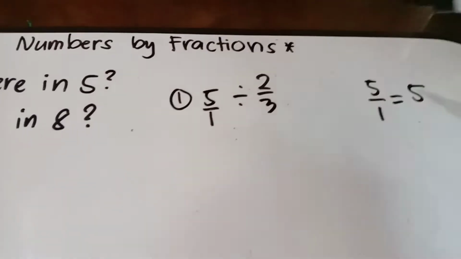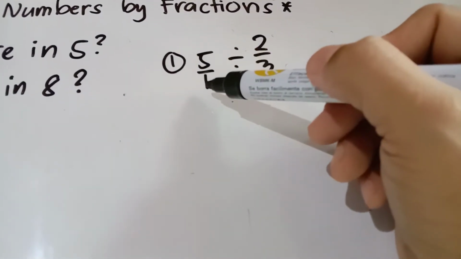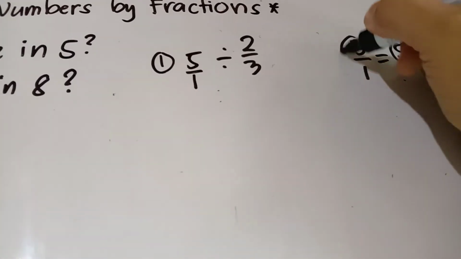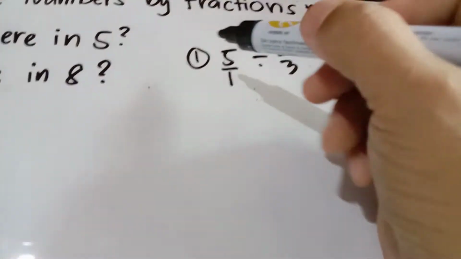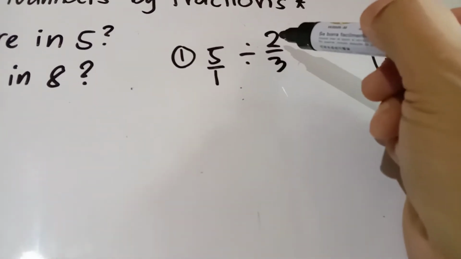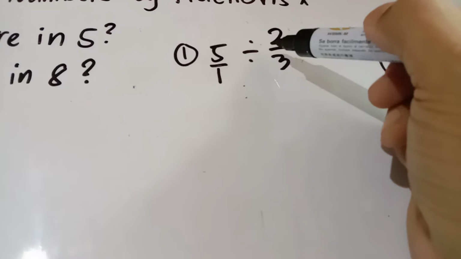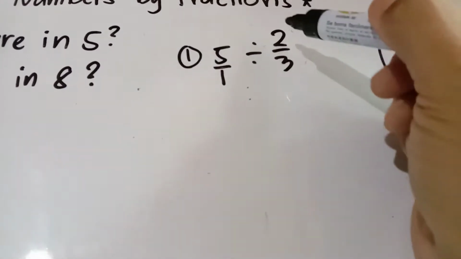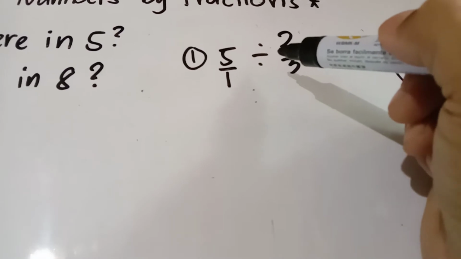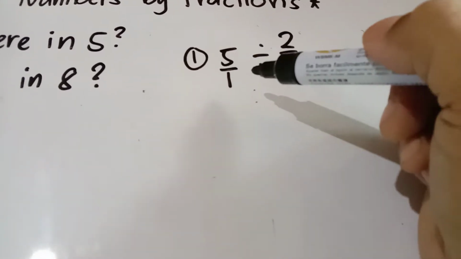So 5 over 1 is the same as 5. So we have now 5 over 1 divided by 2/3. Since the two numbers are already fractions, we can now divide the two numbers.